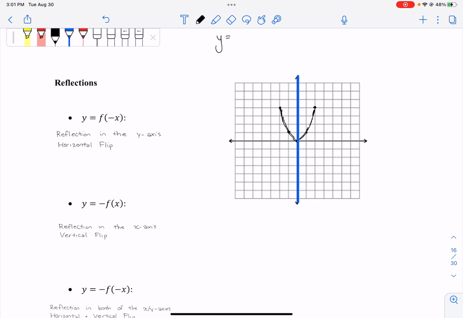If I have y is equal to x cubed, however, we get a couple points here, here, here. I think it was this one here and this one here, and it looks something like this. And here.